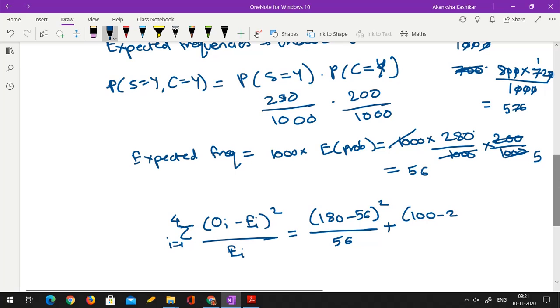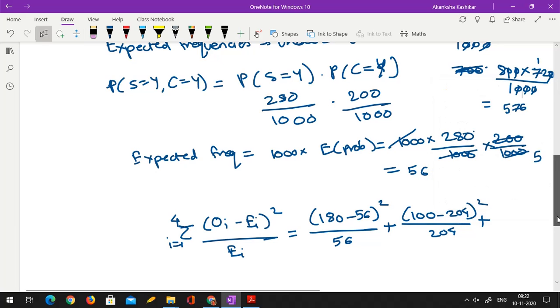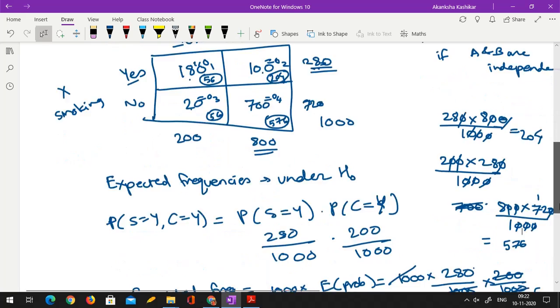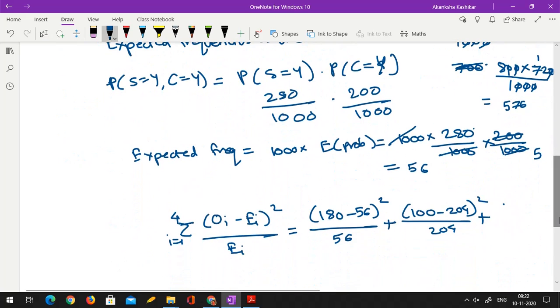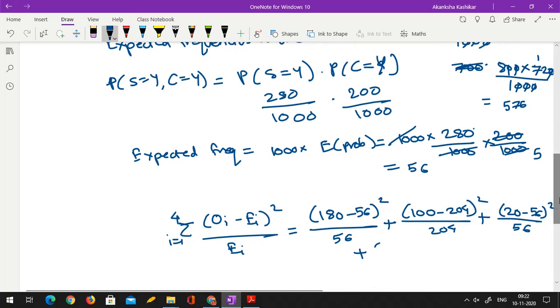So (100 minus 204) whole square divided by 204 plus 20 minus 56. So (20 minus 56) whole square divided by 56 plus (700 minus 576) whole square divided by 576. Okay.